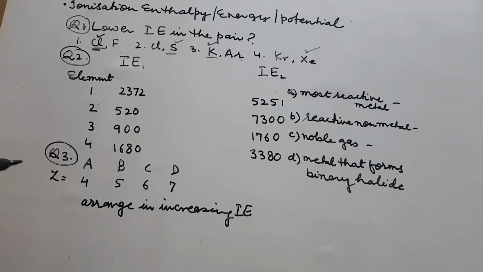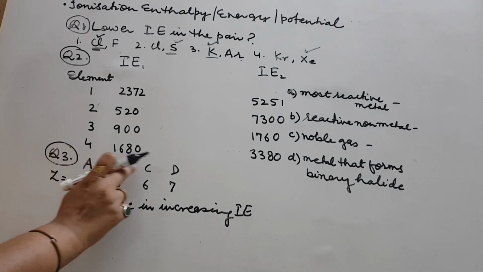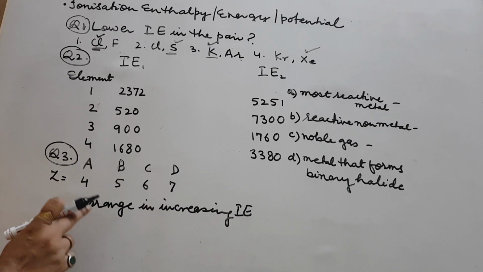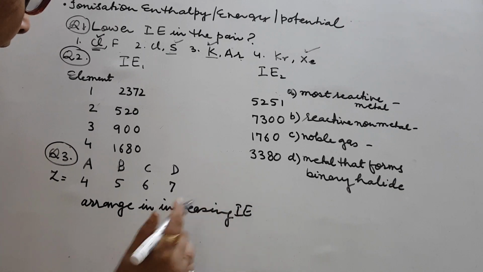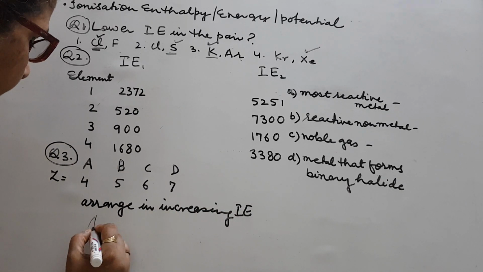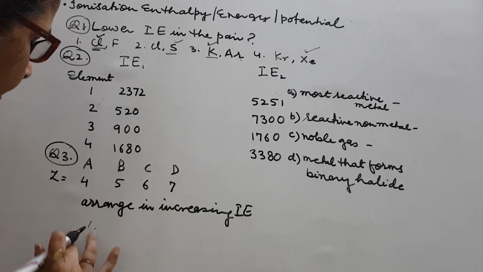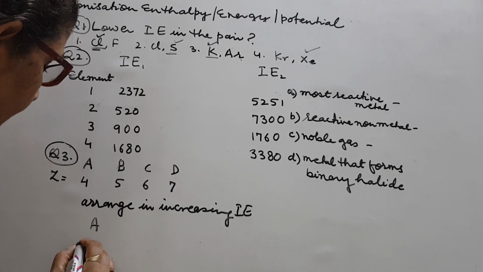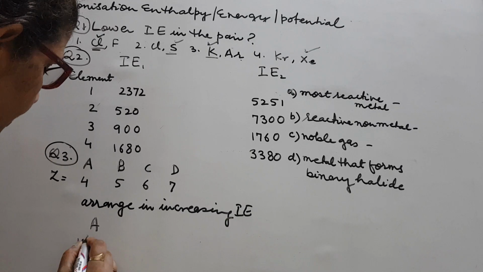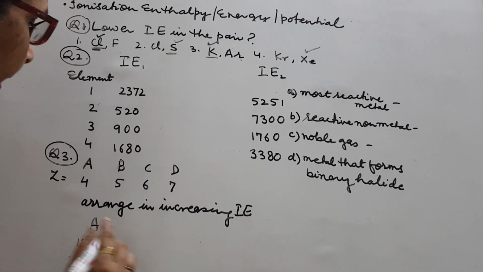That was one question. Then come to question number 3. A, B, C, D, these elements are given to you and these are the atomic numbers. And they are asking you to arrange in increasing IE. So A will be 1s2, 2s2, right?